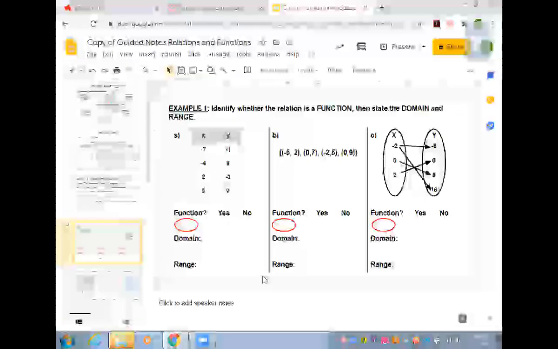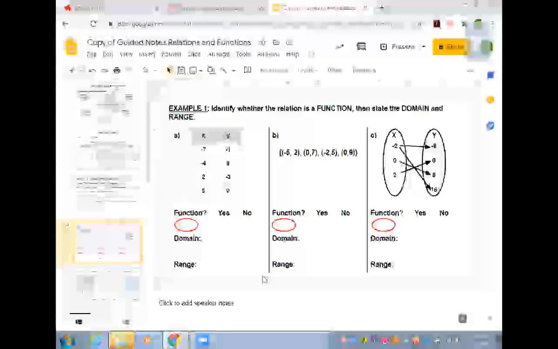So for the first one, all right, we got a table. So we're looking, do we have the same X value in that table? Do you see an X that repeats itself? Got -7, -4, 2, and 5. Any of those the same?